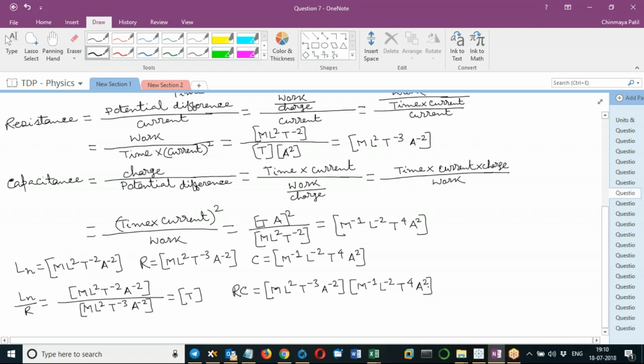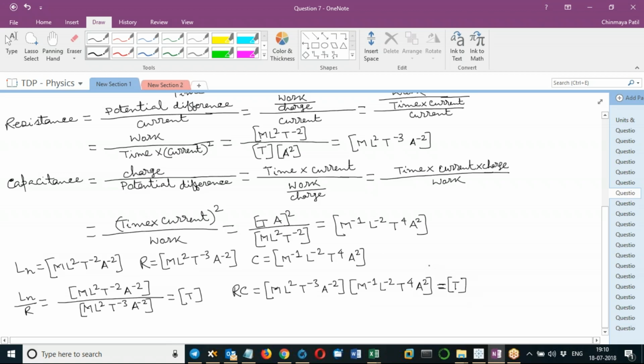Simplifying, M power 1 and M power minus 1 cancel, L power 2 and L power minus 2 cancel, t power minus 3 and t power 4 become t, and A power minus 2 and A power 2 cancel out. So here also we end up with the dimension of t.